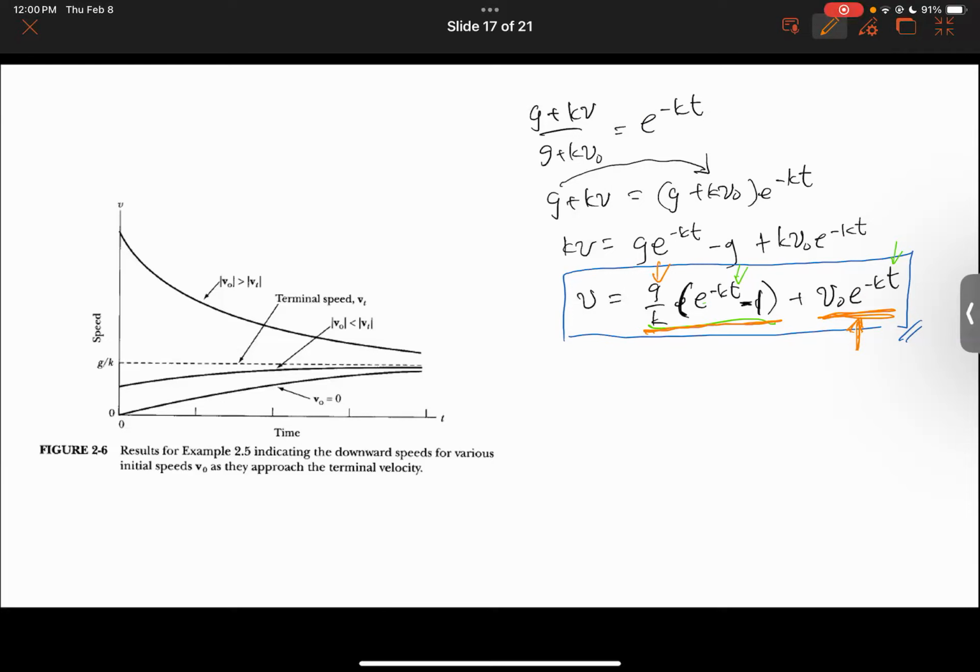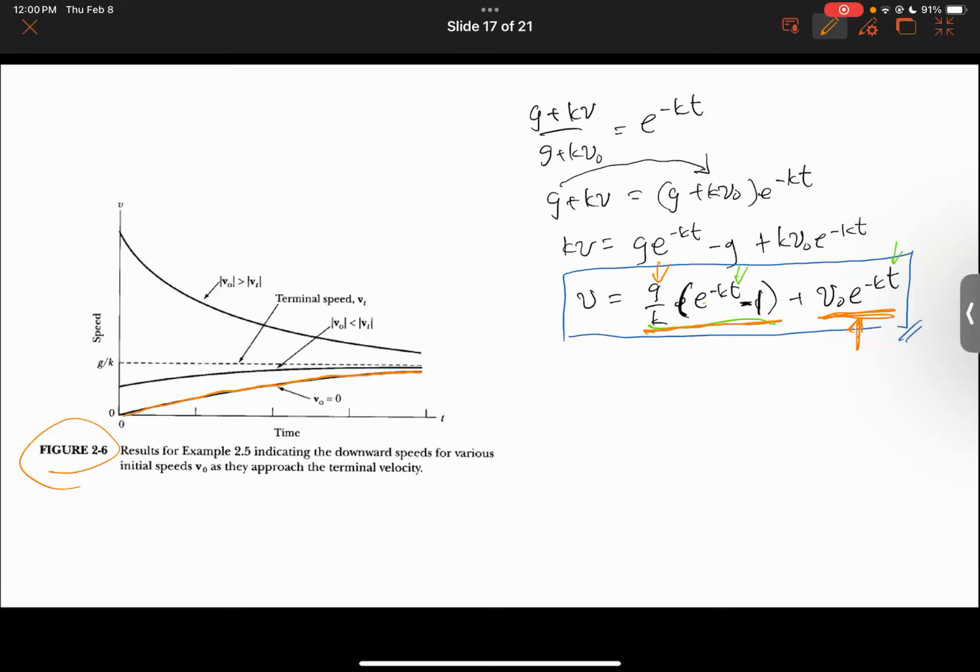And if you graph this expression for different values of the initial velocities, you will actually end up with figure 2.6, yung figure na nandito. It turns out na, of course, if V naught is equal to 0, ito yung graph na makukuha ninyo.